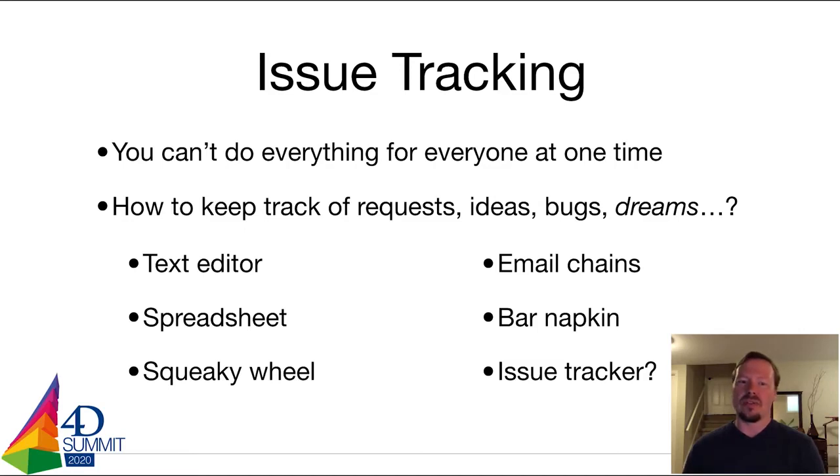Or all of the lovely email chains going back and forth are a nightmare for trying to keep everything in scope and all of the ideas in order. Or is it all organized in a stack of bar napkins as you're dreaming away and scratching down ideas somewhere? Or do you already use an issue tracker, which would be a novel idea?